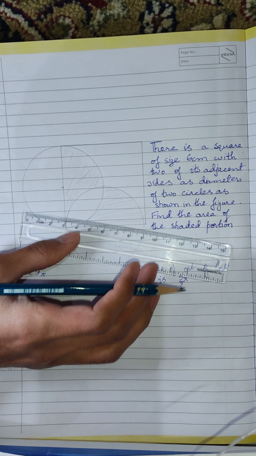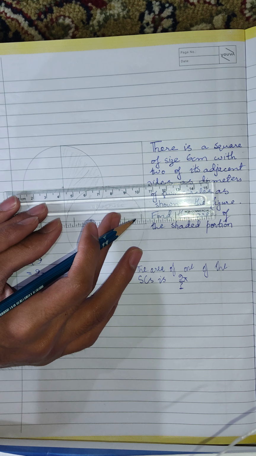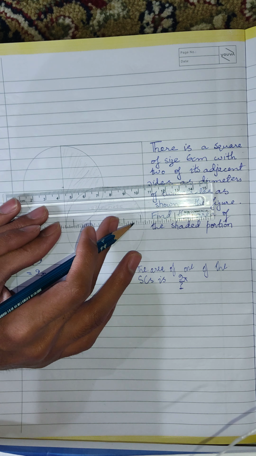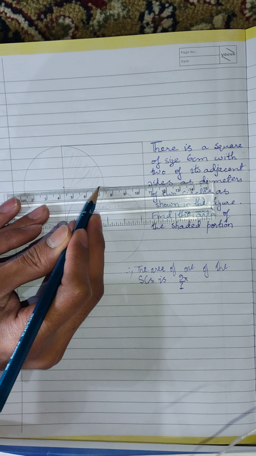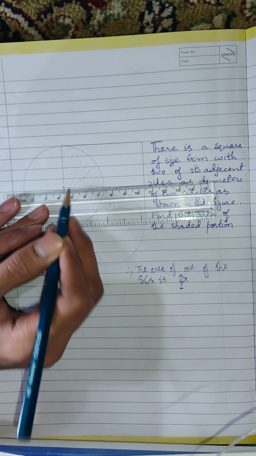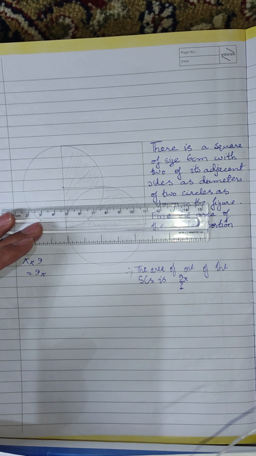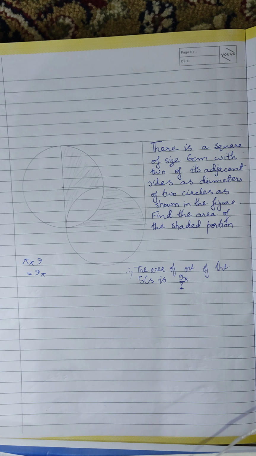We'll join these 2 points, right? Let us join them. The joining might not be perfect. Don't care about that. The thing is, we have to solve the problem. So we have joined these 2 points, right?